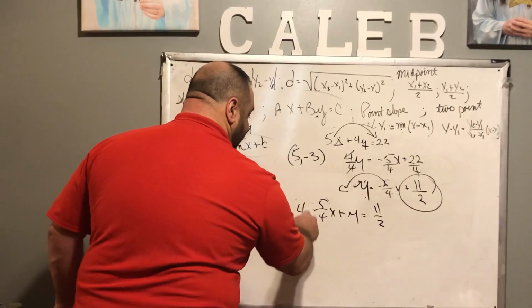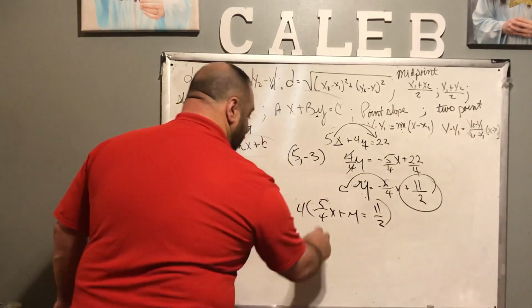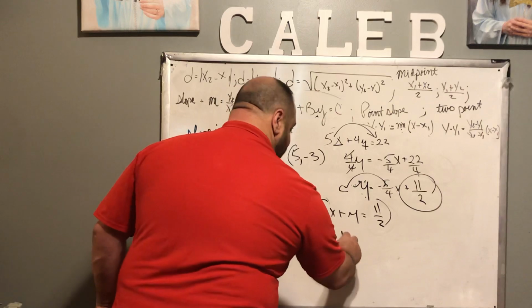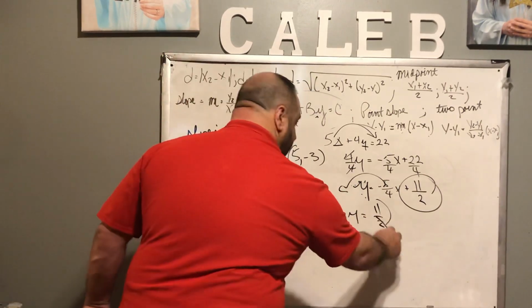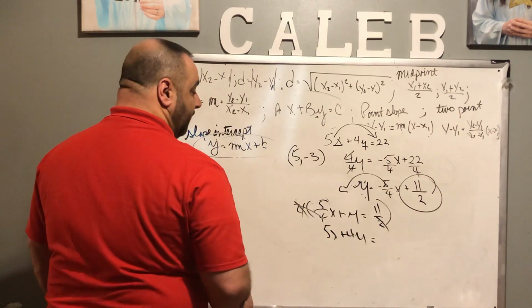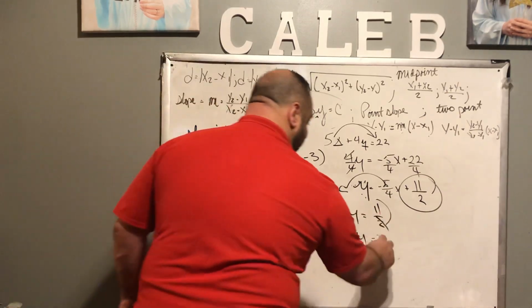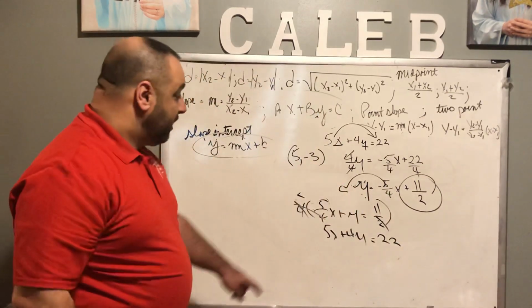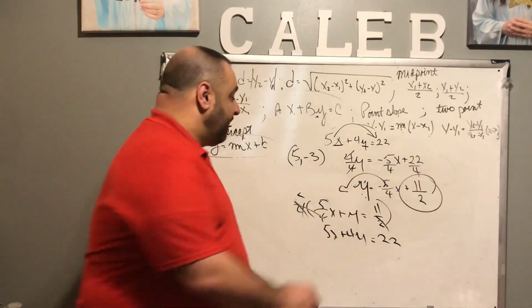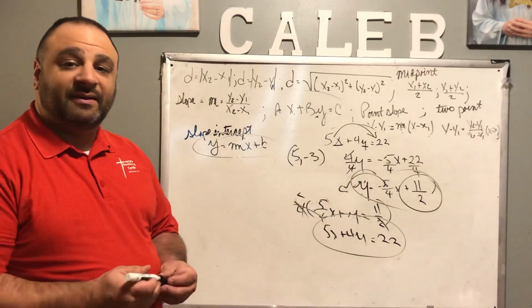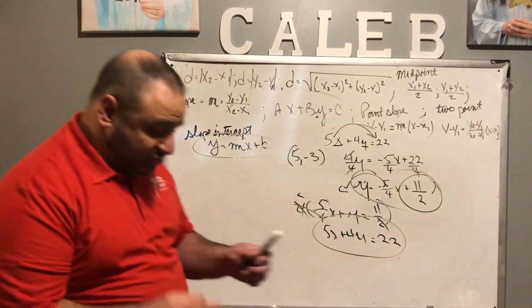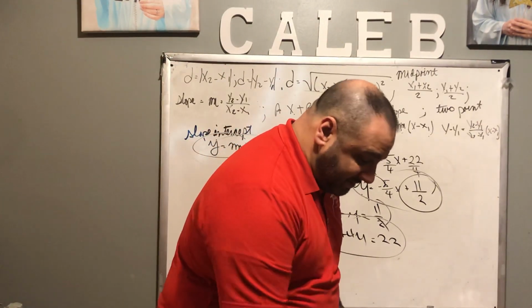Let's get rid of the fraction, so 5x plus 4y equals 22. This equation must have the same exact slope. That's what they're doing there. You could do number 8 on your own.